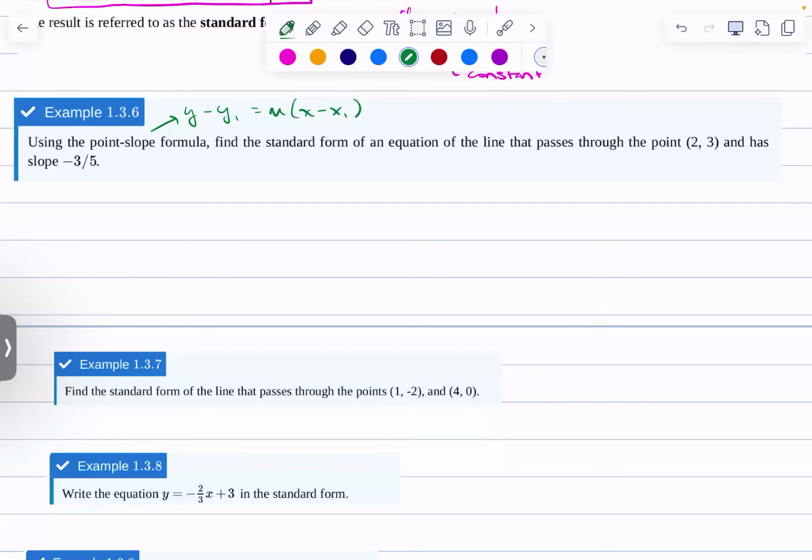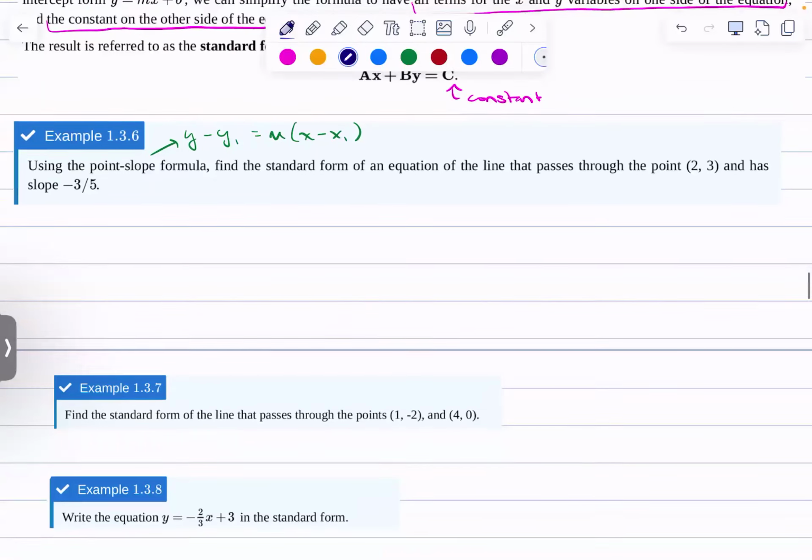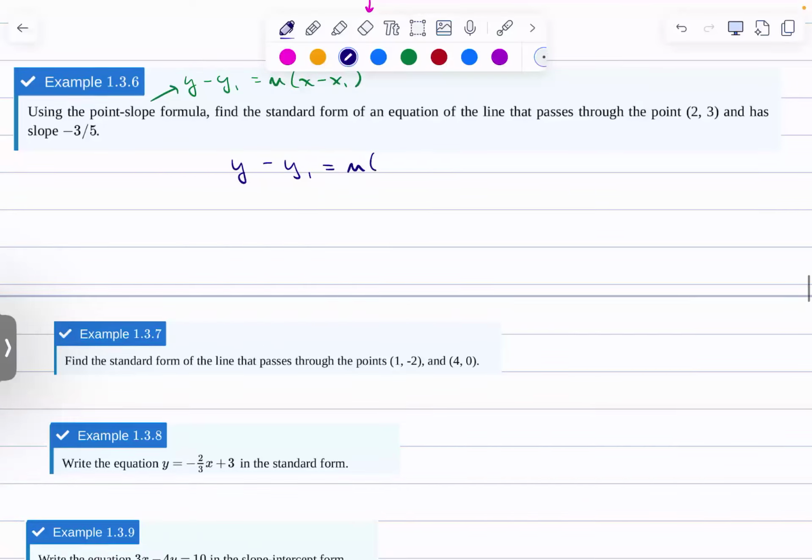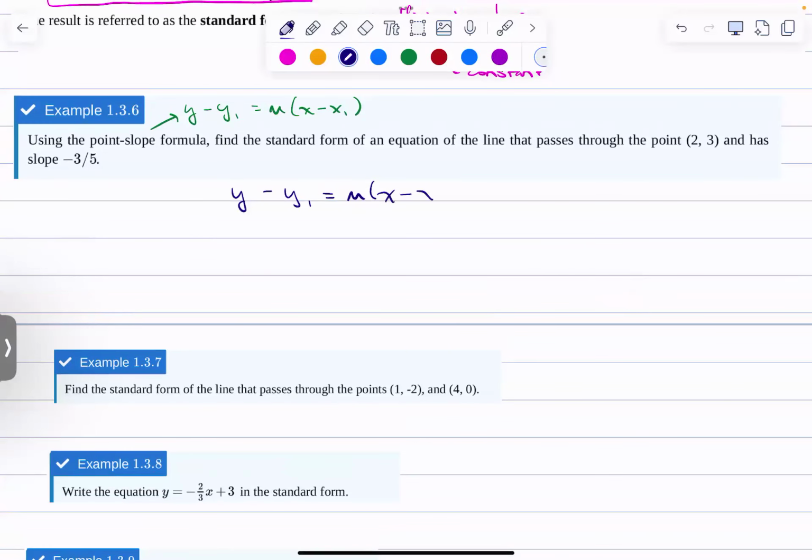So first we need to find the equation of this line using the point slope formula. That's some work that we already know how to do. And then, like I said, we're going to rearrange it into the standard form. But let's start with y minus y1 is m times x minus x1.